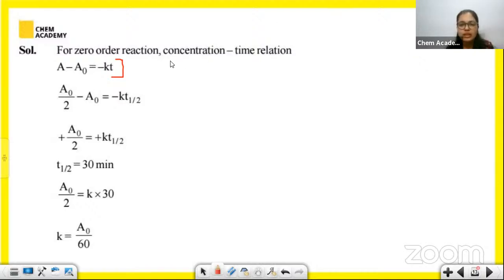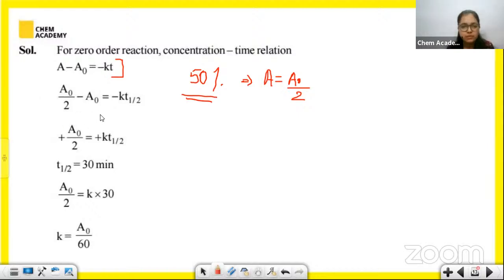Since the reaction was getting 50% completed, A would be equal to A0 by 2. So here we will substitute A by A0 by 2. A0 by 2 minus A0 equals minus k, and we can also write t as t half because the reaction was getting 50% completed.